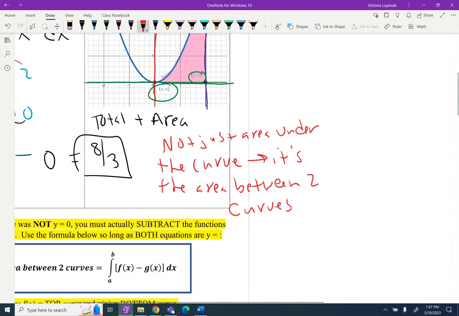And the two curves in question are y equals x squared. We'll call that y1. And y2 is just y equals 0. So technically what you just did is you found the area between the blue curve and the green line. Because of the fact that the green line was 0, you didn't actually have to set up an extra step, but you will in every problem going forward.